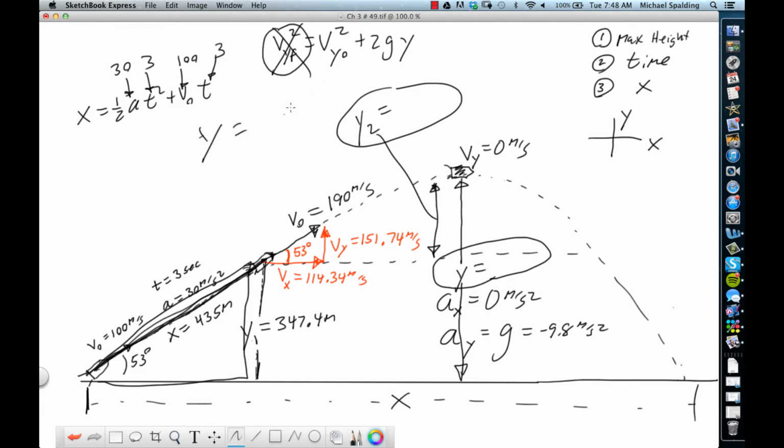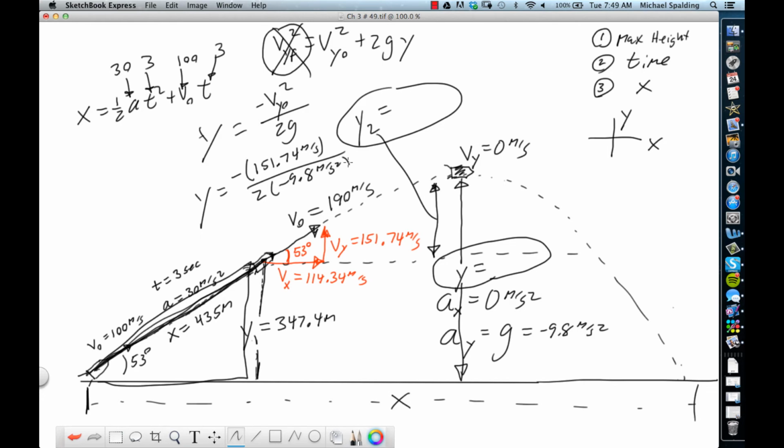So I'm doing this one. Y equals negative vy initial squared over 2g. So it's going to be negative. Okay, what's our starting y velocity? When the engine dies, what was our starting y velocity? 151.74. So you go 151.74, right, we're using the y velocity squared over 2 times negative 9.8.